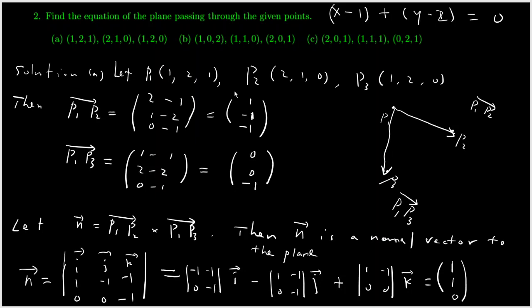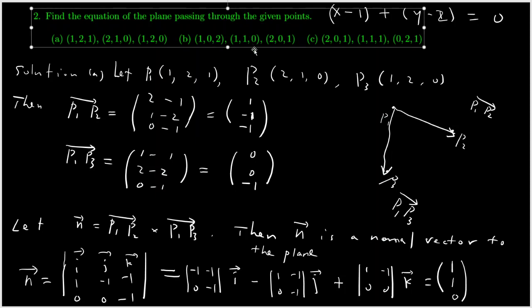To get the equation of any plane, you need a point. You need a vector perpendicular to the plane, a normal vector. As long as you have the two things, you can get the equation of the plane. If you are given 3 points and you are looking for the equation, 3 points can determine a normal vector by computing a cross product. So that's the idea.